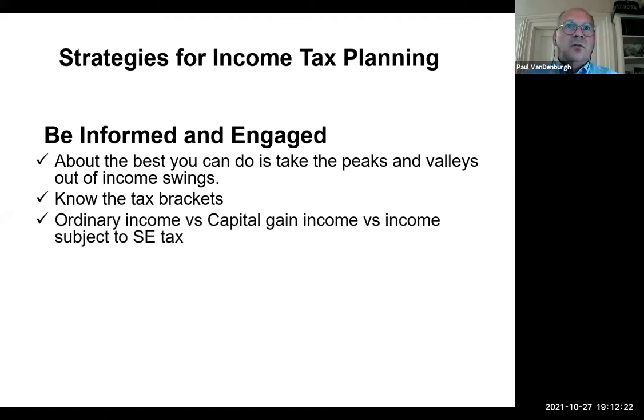Ordinary income versus capital gain income versus income that's subject to Social Security tax, self-employment tax, the SE tax. My presentation is mostly going to be directed towards the sole proprietorship, the individual taxpayer, not entities.